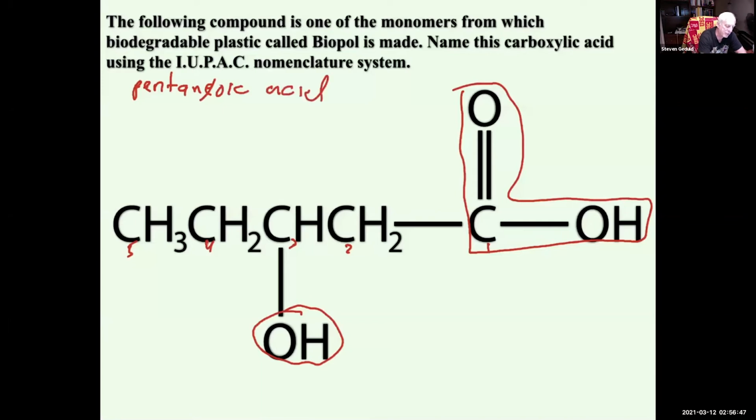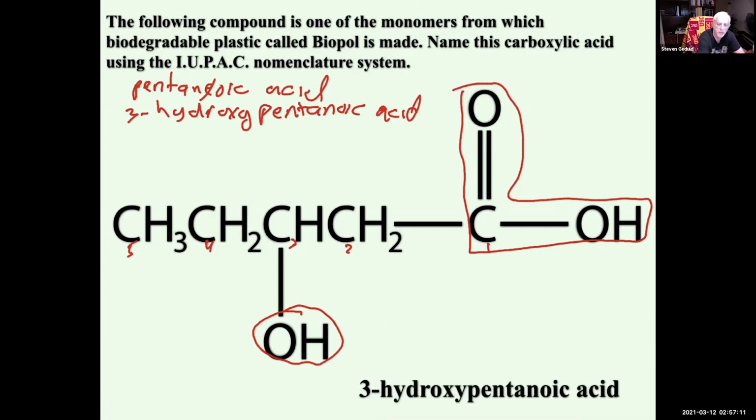Okay. And at number 3, we have an OH group. So a hydroxy group. So we have 3-hydroxy pentanoic acid. That's Biopol. That's a fully biodegradable substance. Okay. 3-hydroxy pentanoic acid.